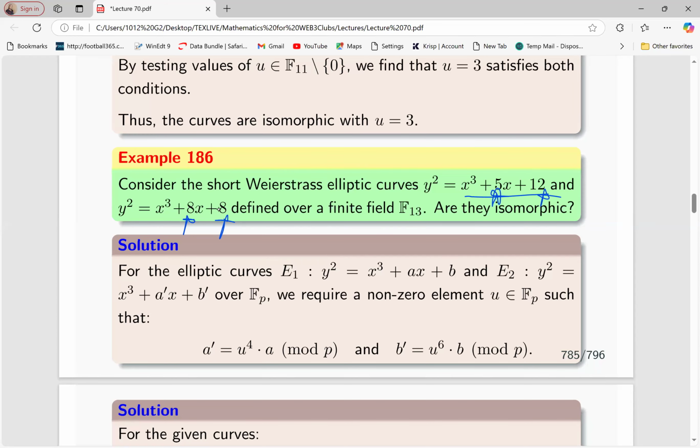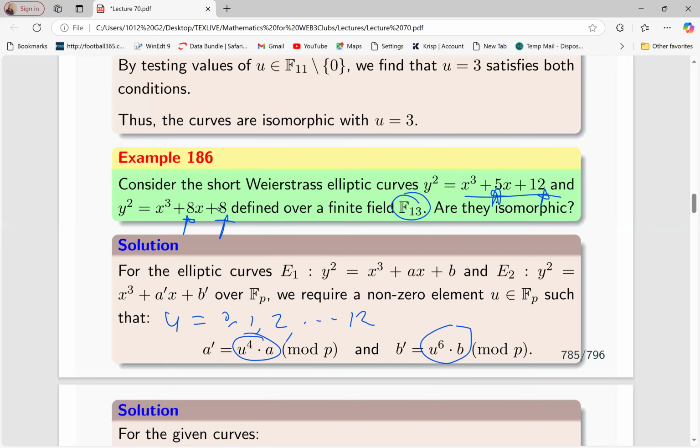The question is, if they're considered mod 13, would these two be isomorphic? So I want to check values of u from 0, 1, 2, all the way up to 12, and see whether you can get any value of u that fulfills this condition and this condition.